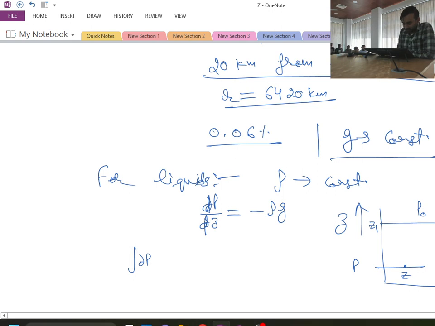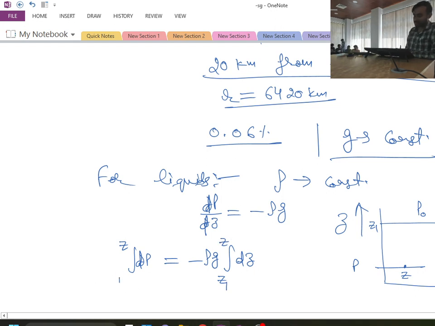So integral of dp will be equal to minus rho g, which is constant, times integral of dz from z1 to z. The pressure limits: at z1 pressure is P naught, and at that point we are saying that pressure is P.